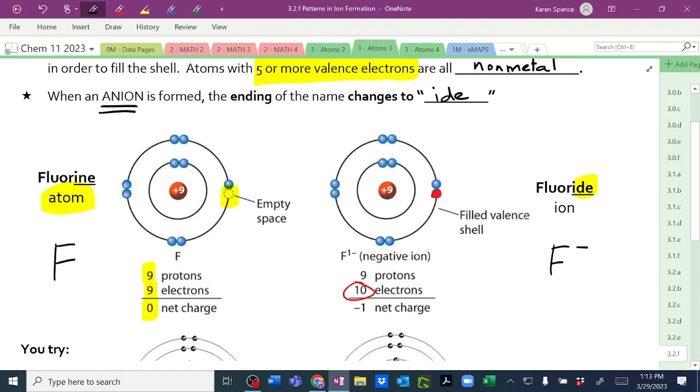But what's missing from this ion? The brackets and the charge. Yes. Okay. So we put brackets around it saying this whole thing has a charge of -1.